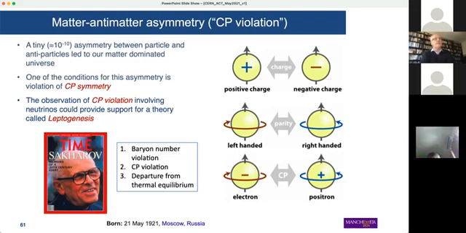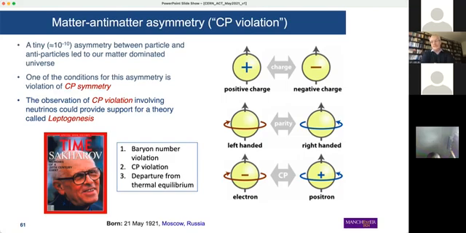Those three conditions are: baryon number violation, CP violation, and a departure from thermal equilibrium. And that's why we are so interested in measuring this CP violation, both in the quark sector, where it's been observed, but also in the lepton sector, which is what we are doing here.